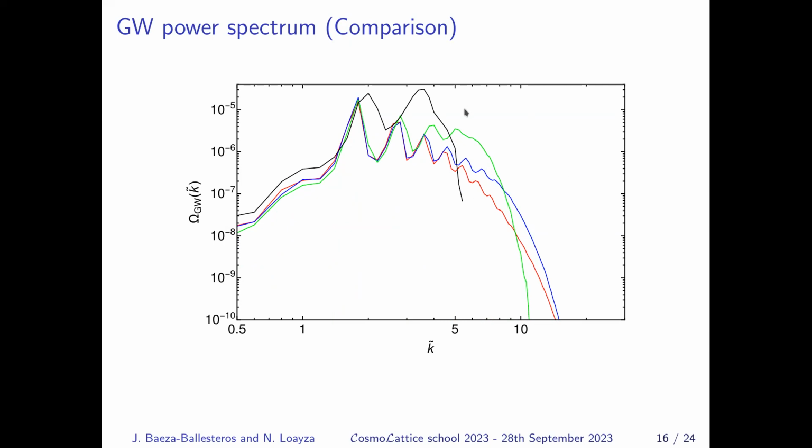The black line is the 32 point simulation. The green one is the 64. The blue one is the 128, and then the red one is the 256 simulation. And what you can see is that there is some kind of convergence, especially in the infrared.